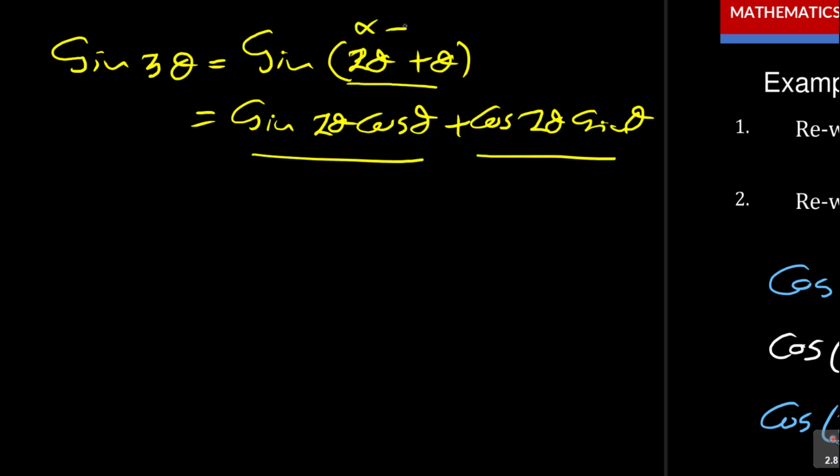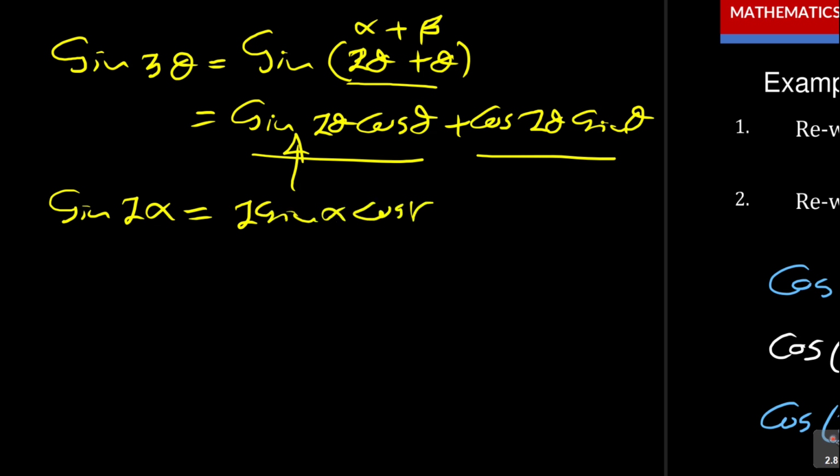This is the alpha plus beta version. From here, you know what this is: this is your sine 2 theta, which is 2 sine theta cos theta. And for cos 2 theta, in terms of sine, which one are you going to choose?